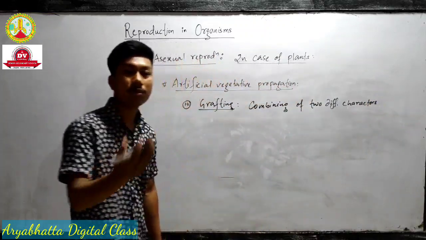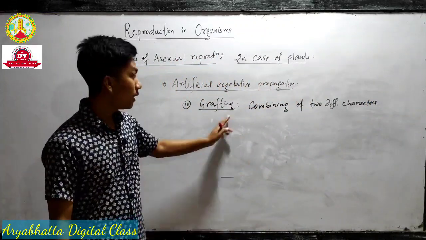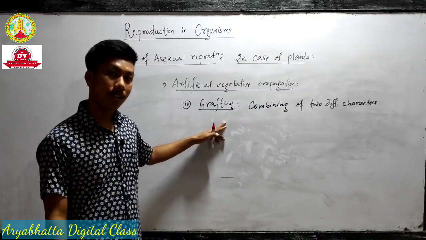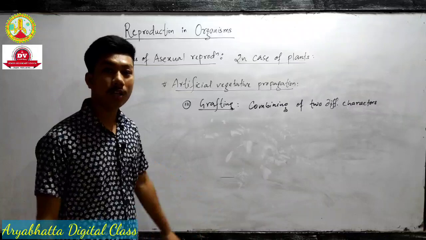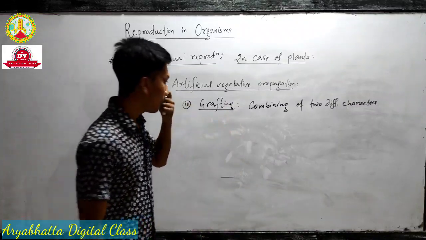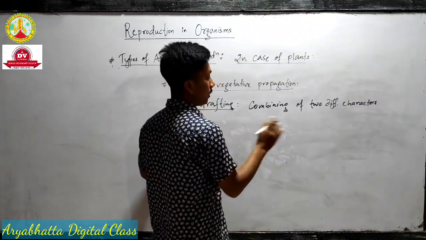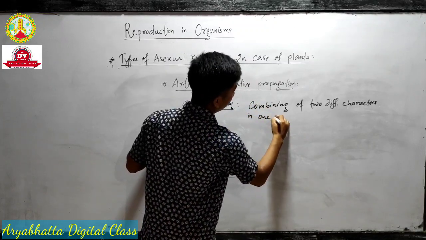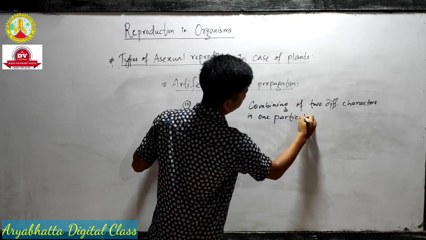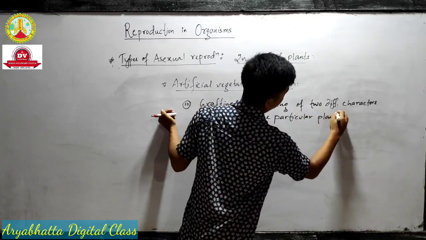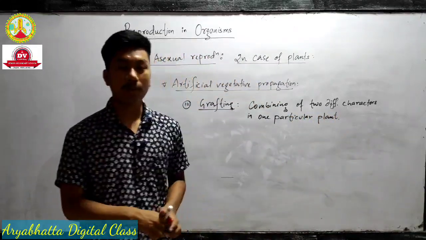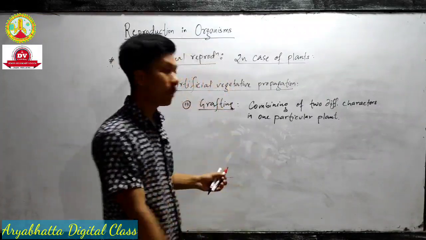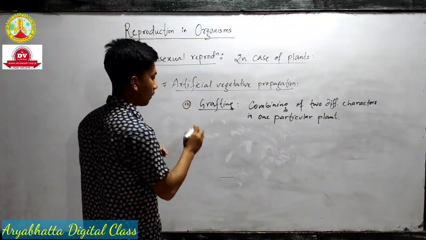If you want to produce any hybrid plant or hybrid flower, then this method can be used. For those who like gardening, this method can be very useful. You can do it by yourself, very easy. Combining two different characters, such as two different colors of flower, in one particular plant is known as grafting. Grafting is of three types.